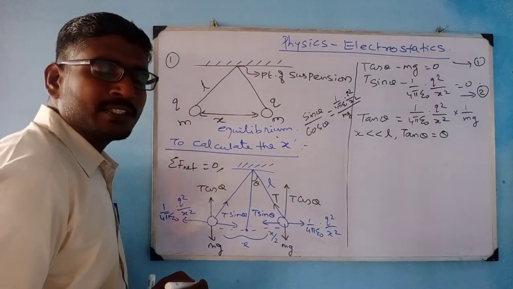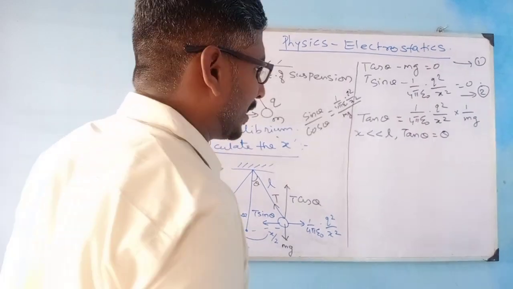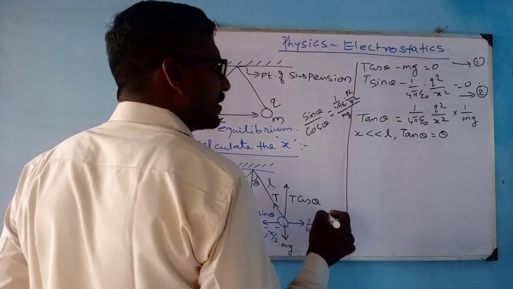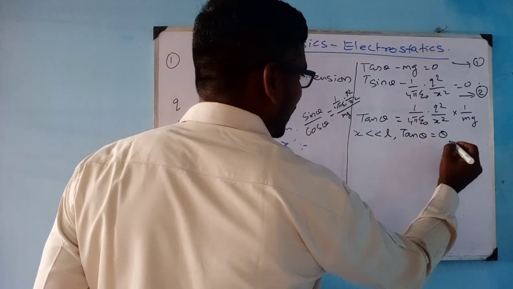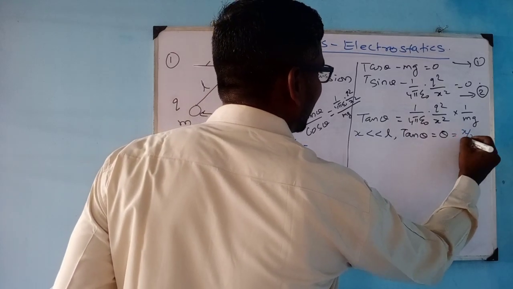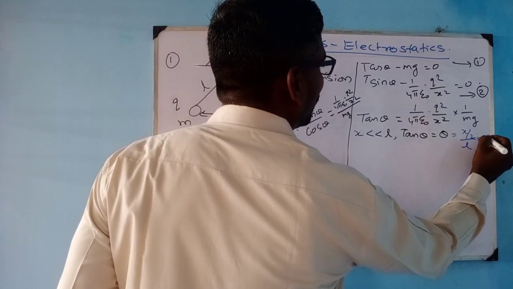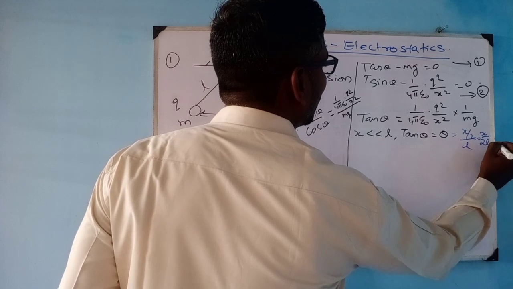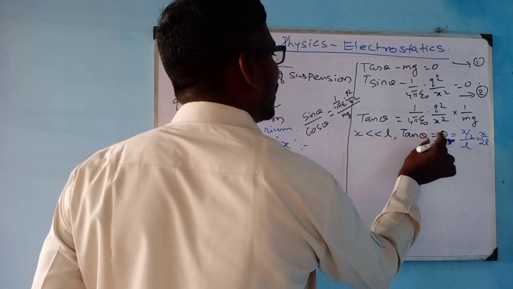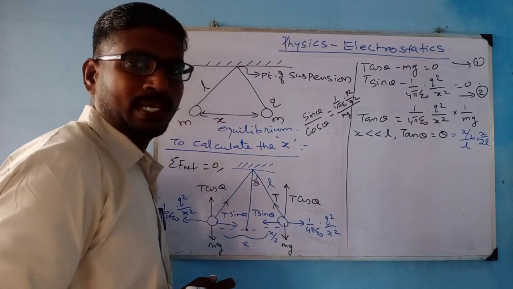When theta is very small, I can approximate it to sine theta, so theta becomes x by 2 divided by L, which is equal to x by 2L. So my tan theta will take the value of theta, which is equal to x by 2L.